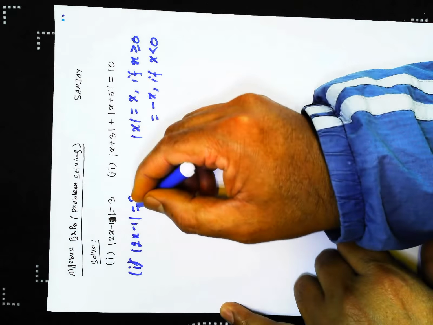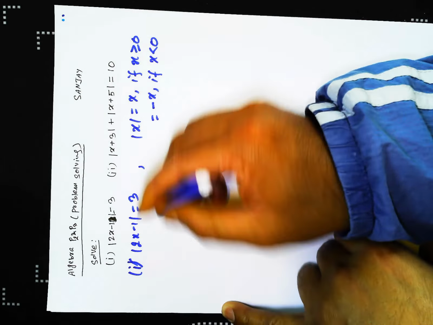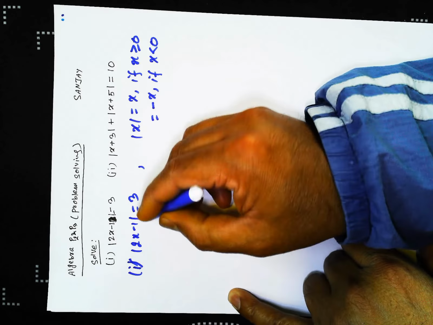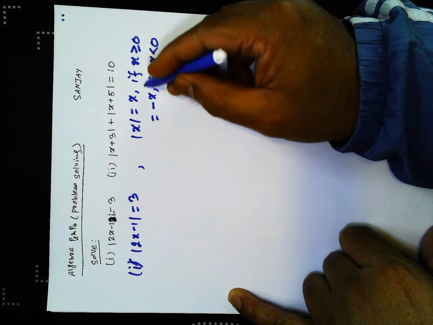So from this given equation in the modulus form, we can write this equation in two ways using this definition.